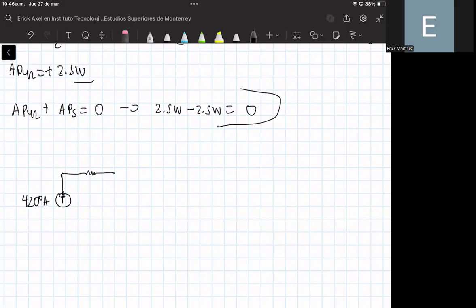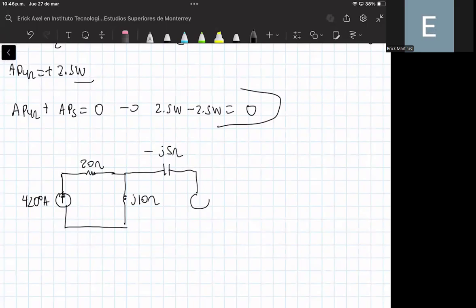Here we have the 20 ohm resistor, here we have the inductor, here we have a capacitor, and here we have another voltage, and here we have another voltage. Okay. And what else can we do?